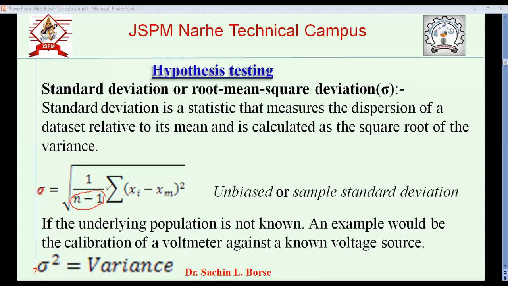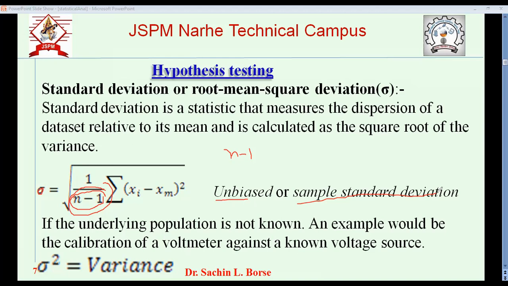Only instead of n, we have to use n minus 1. So it is called the unbiased or sample standard deviation. It is not called the population standard deviation. It is called the sample standard deviation or unbiased standard deviation.